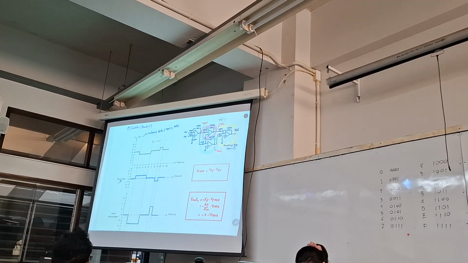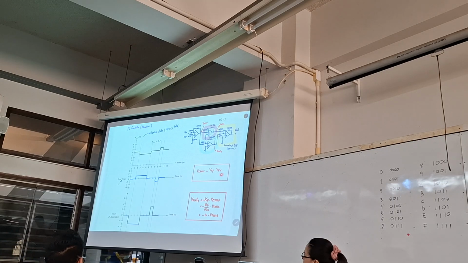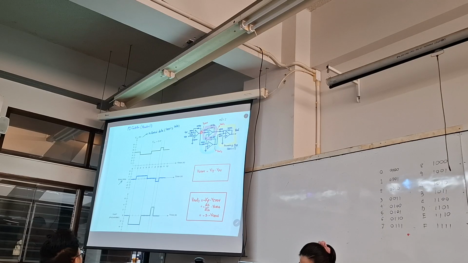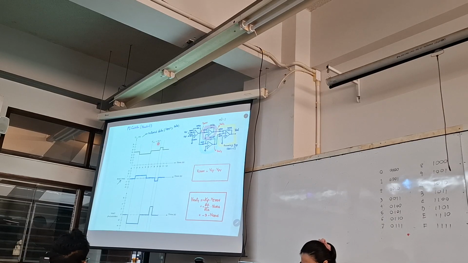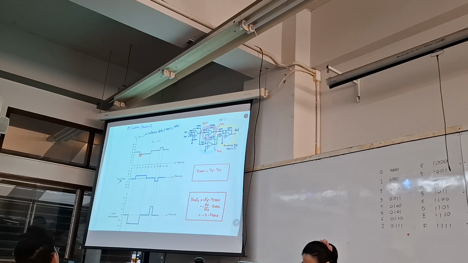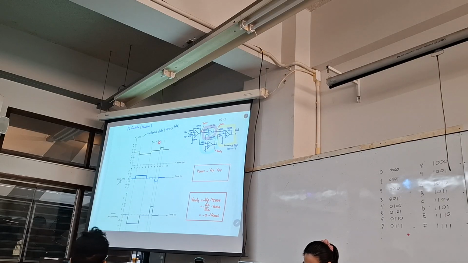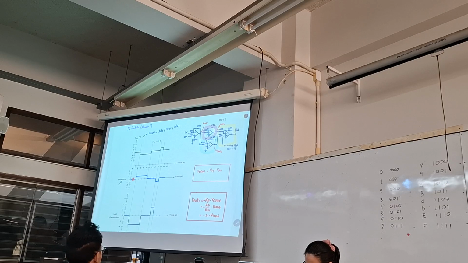Okay, may I repeat again? The first graph comes from the calculations of these equations. V error is the output of the differential amplifier, which is equal to V set point minus VPV. And V set point is defined here as 5 volt. VPV is according to the graph. The first interval is 5 minus 5 is equal to 0.